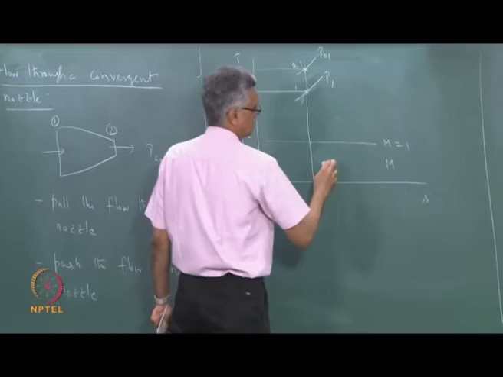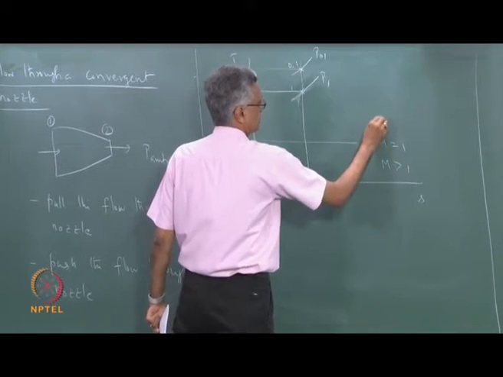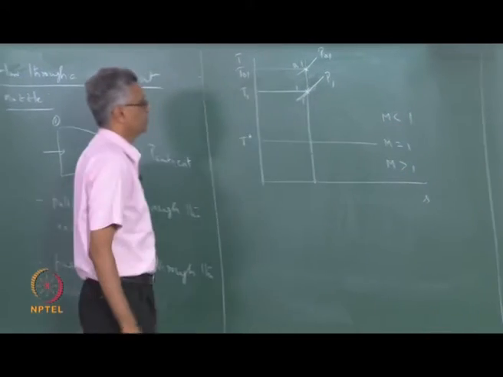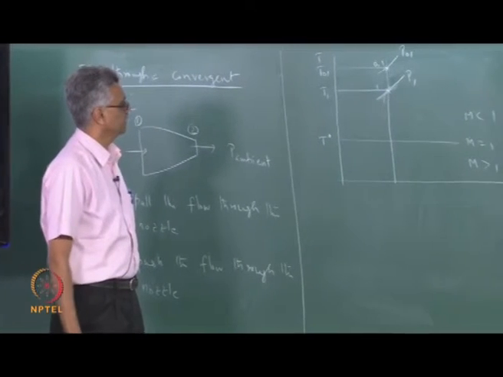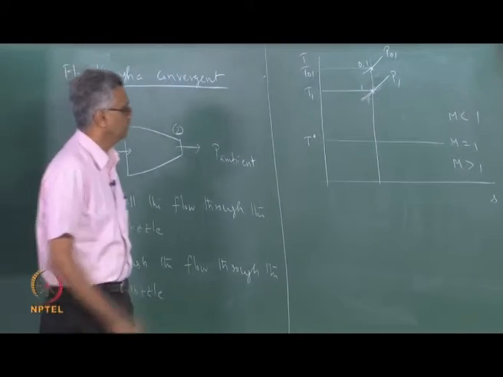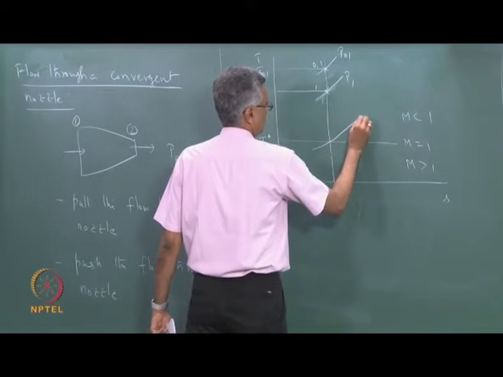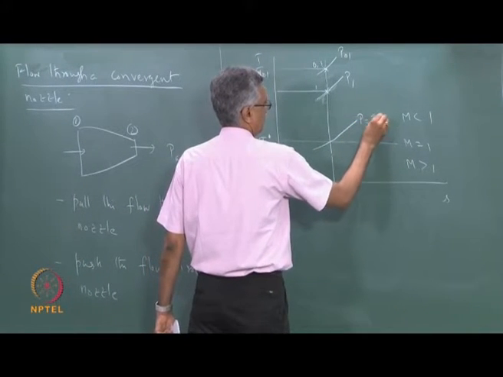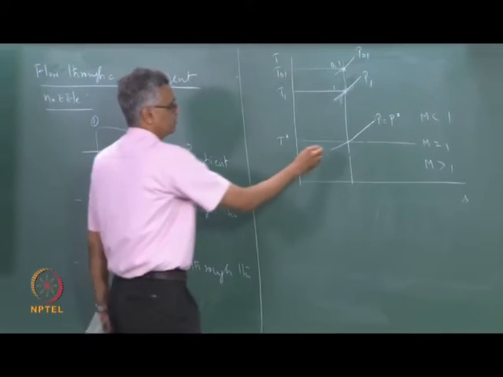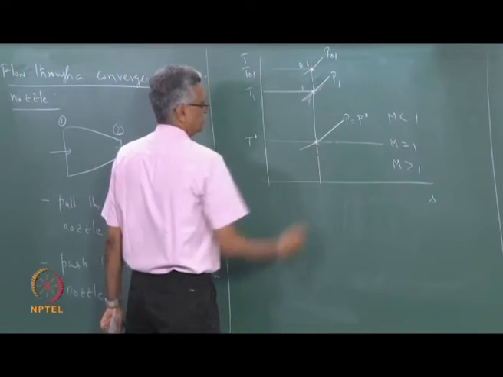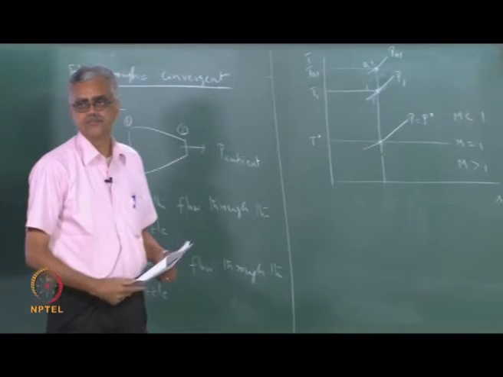Anything below T star we know that it is a supersonic state and anything above is a subsonic state. And of course once I know T star I also know my P equal to P star, because this is the sonic state.